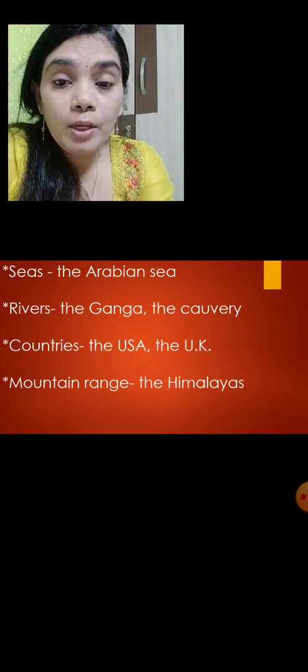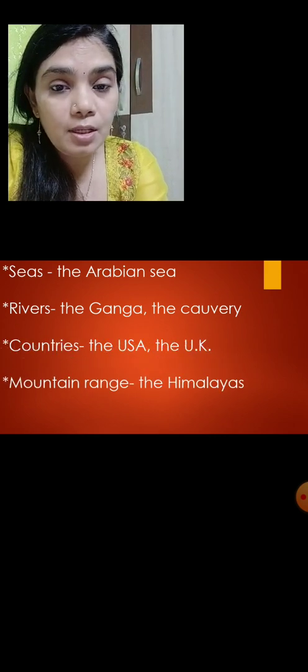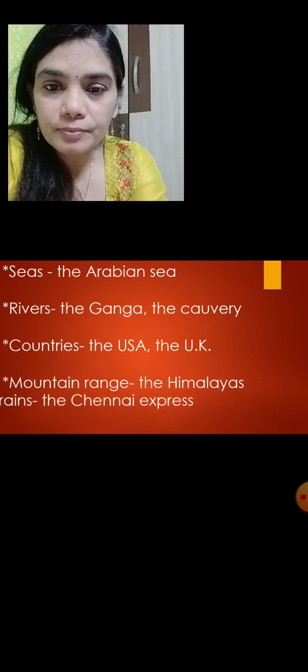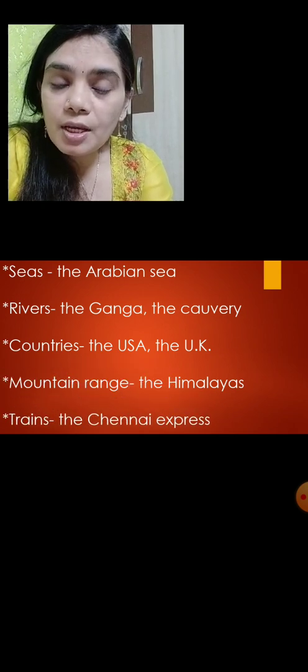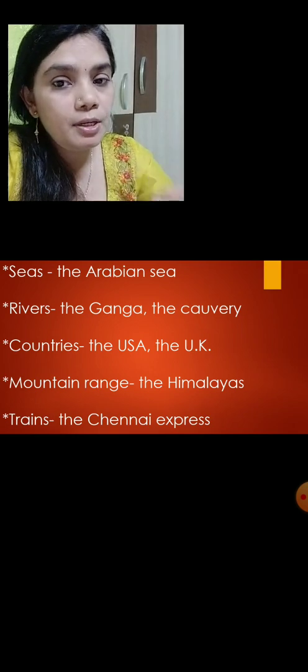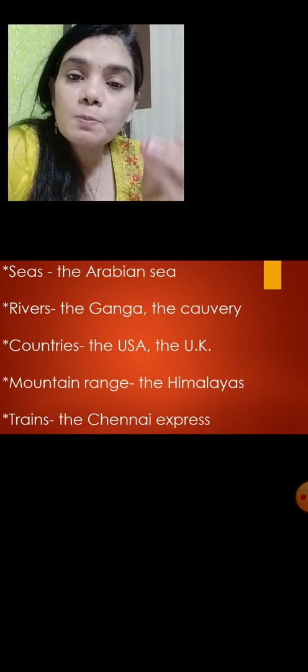And when you name the seas, you will have to say the Arabian Sea. When you are naming the rivers, like the Ganga, the Kaveri. When you are naming the countries, the USA, the UK. When you are naming the mountain ranges, the Himalayas. Trains, the Chennai Express. So here the is used, that is we are specifying.